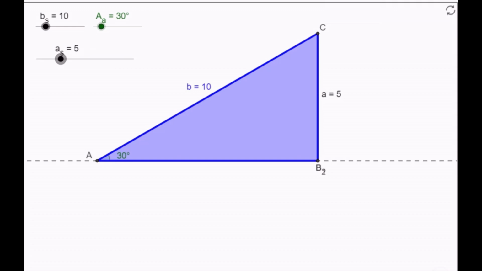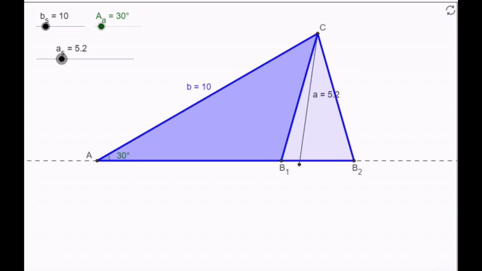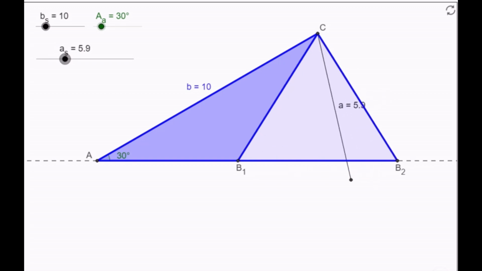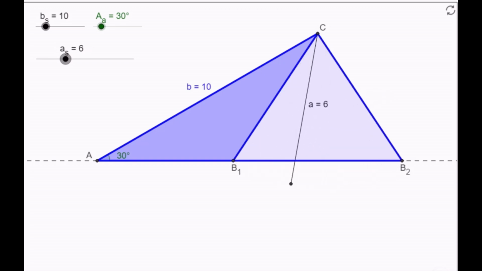Okay, so let's see what happens now when a is increased to be more than 5. Let's say 6. So I increase it to 6. Now you can see that in this case, actually, there are 2 different triangles that you can draw, both of which have A is 30, the opposite length is 6, and length b is 10.